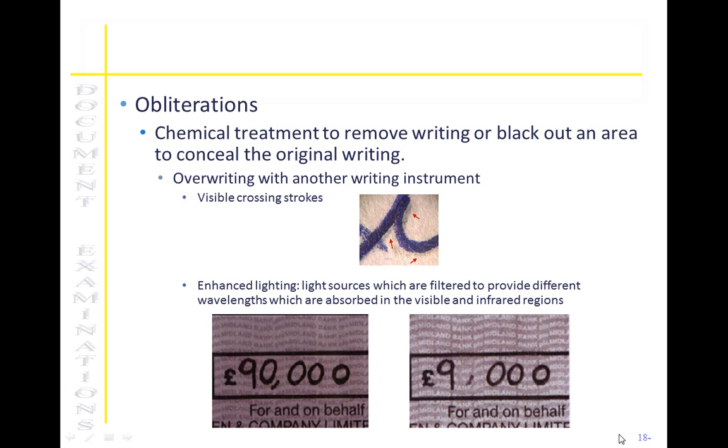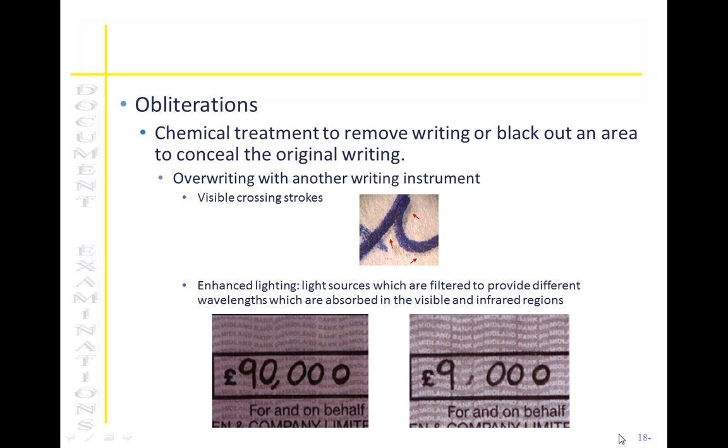There's also instruments that can be used to enhance the lighting to assist with determining obliterations on a document. And this usually is combined with a variety of filters which can be used on the document to hopefully let some inks be absorbed or fluoresced, showing difference where obliterations have occurred to a document.